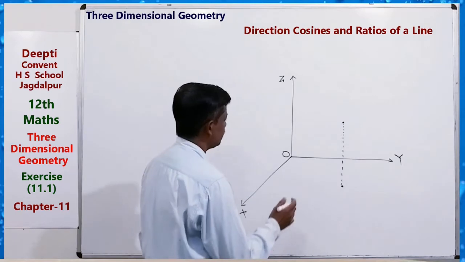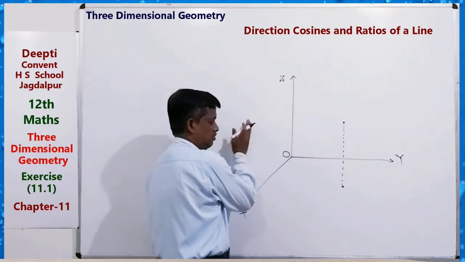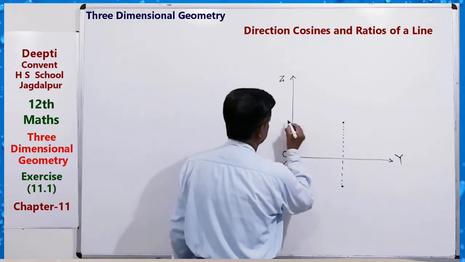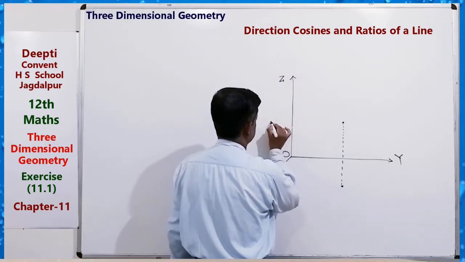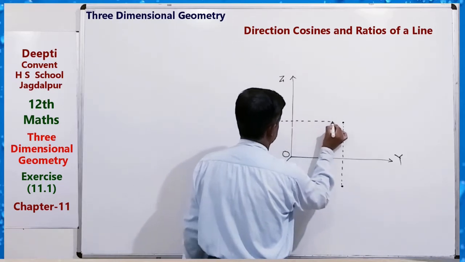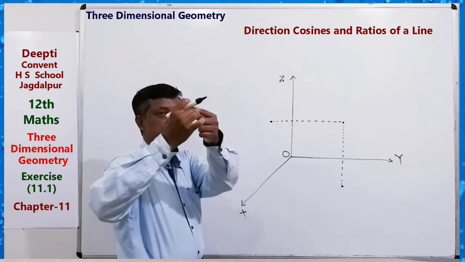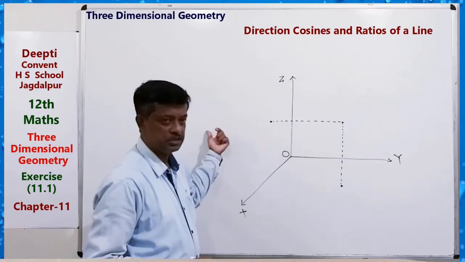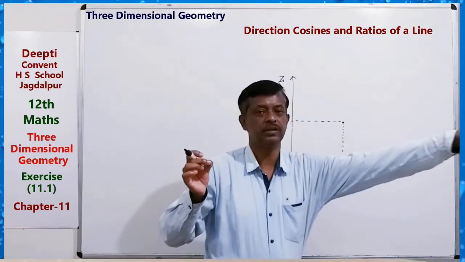And in the same way, draw a perpendicular to this plane. Suppose we draw the perpendicular from this point to this plane. This point is in this plane. Now, also from this point we draw a perpendicular to here.